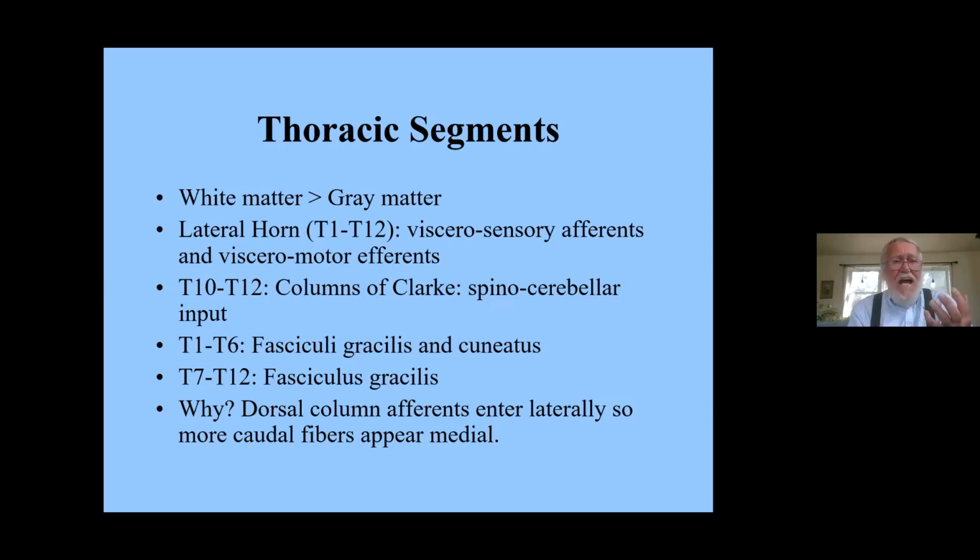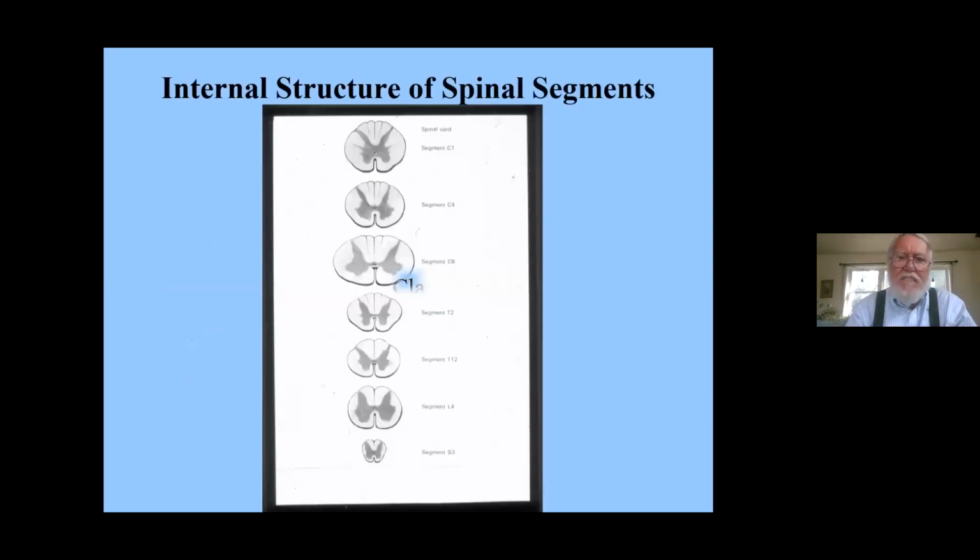And then in all 12 segments of the thoracic cord, what we have is something called a lateral horn. So in the previous slide, I pointed out to you that we had a dorsal horn and a ventral horn, dorsal horn and ventral horn, dorsal horn and ventral horn.